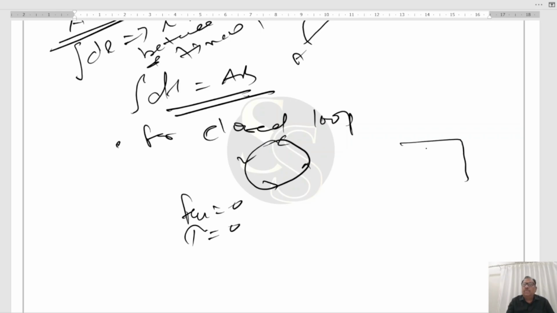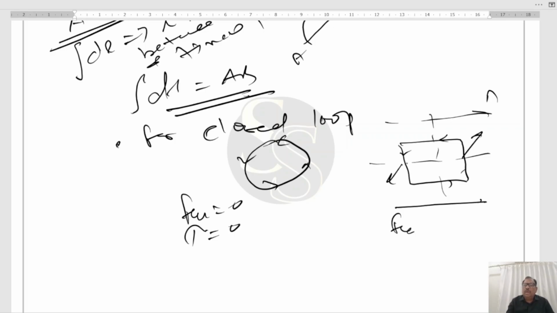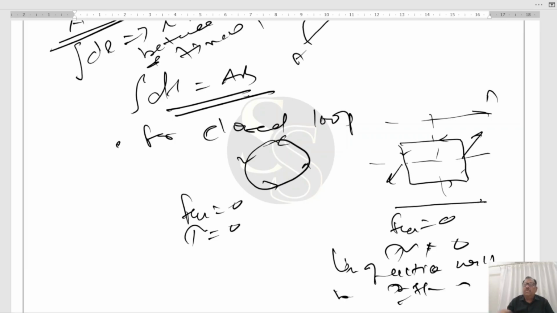But if we take a square, suppose this is the magnetic field, and this is the direction of flow. In this case, Fm will be 0, but the torque will not be 0. The forces are equal and opposite, but the line of action will be different. Therefore, they will constitute a torque also.